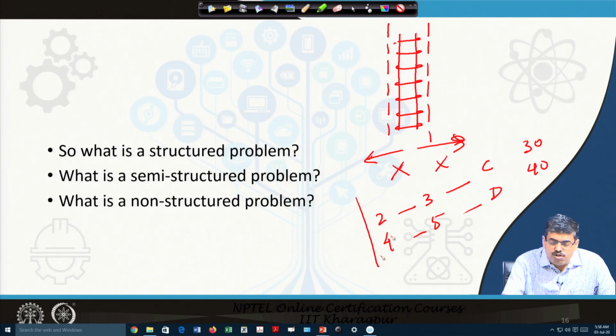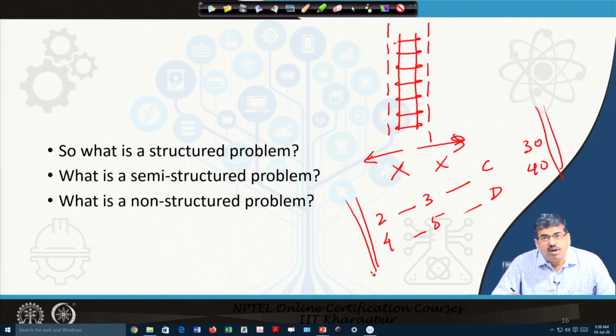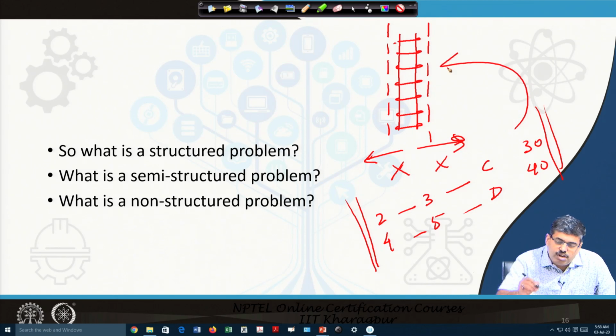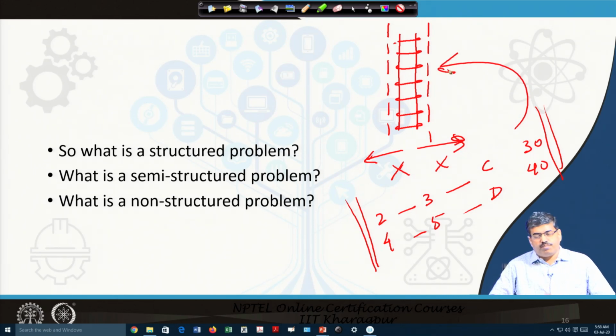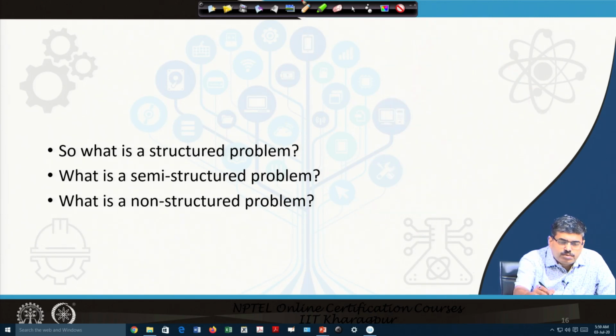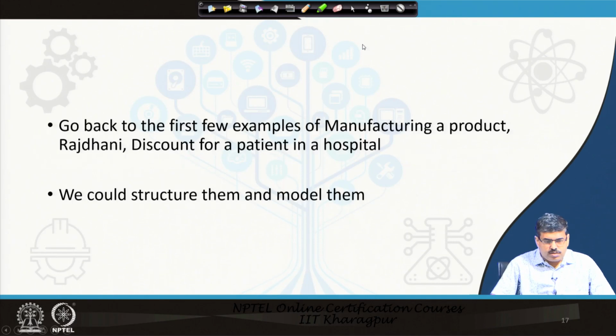So, you cannot move out of these bounds. This is an example of a structured problem. This is the structure. Go back to the first few examples of manufacturing a product, Rajdhani discount. We could structure them, we can model them.